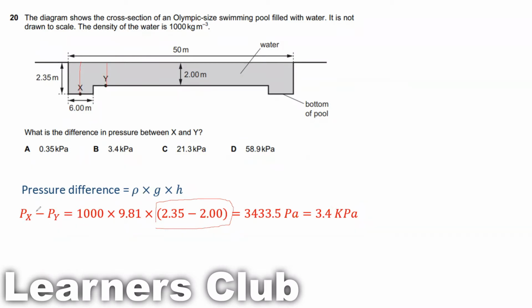When you multiply, you get this answer, 3,433.5 Pascal. As you can see, all the answers are given in kilo. I'm converting my answer to kilo, which gives me 3.4 kilopascal. As you can see, the option is B.